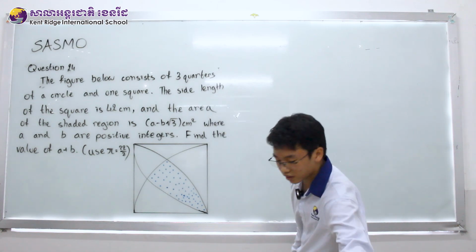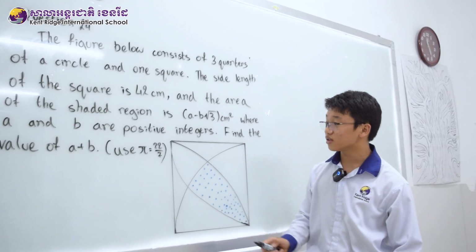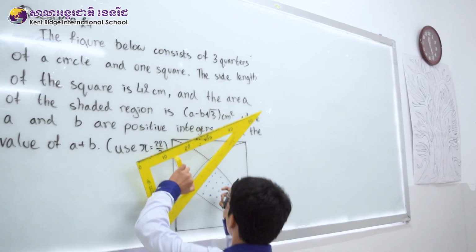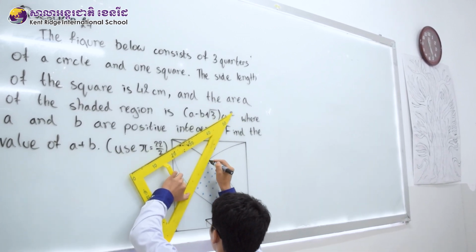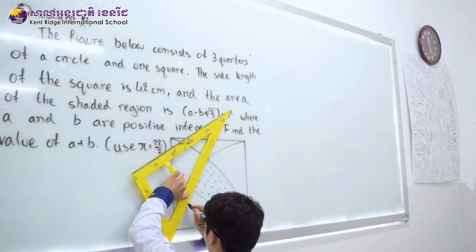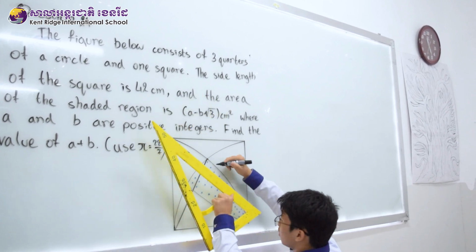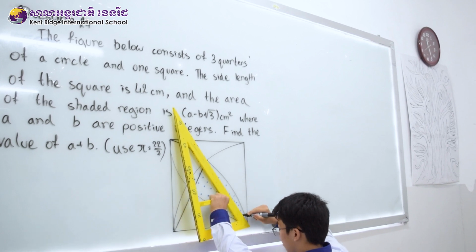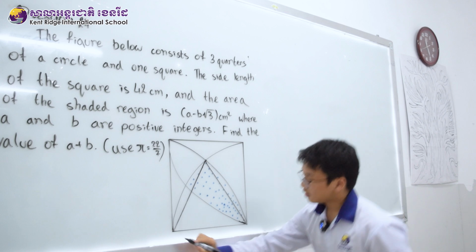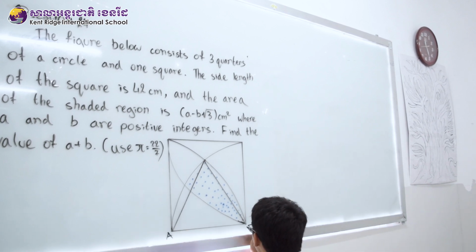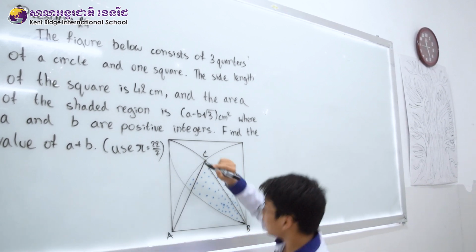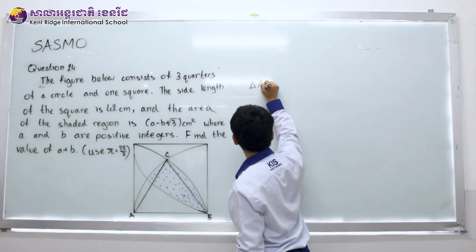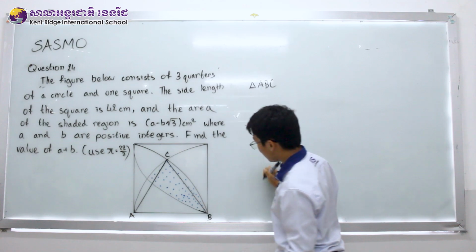So in order to do this question, we must construct more geometrical figures. So I'll construct one. So, let's name it A, B, C. So first we constructed triangle ABC.